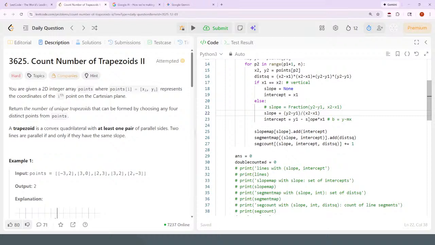Slope fraction y2 minus y1 over x2 minus x1. I mean, can I do my own lowest terms?